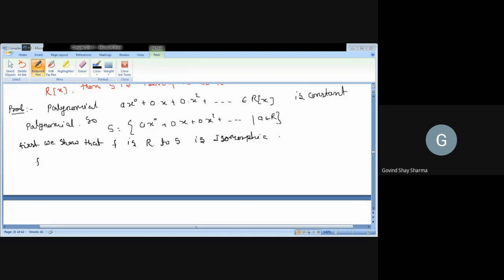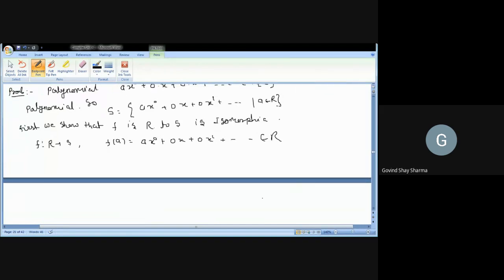So f takes a to f(a), where f(a) is equal to a x^0 + 0x + 0x^2 + ..., with a belonging to R. Take f(a) equal to f(b).